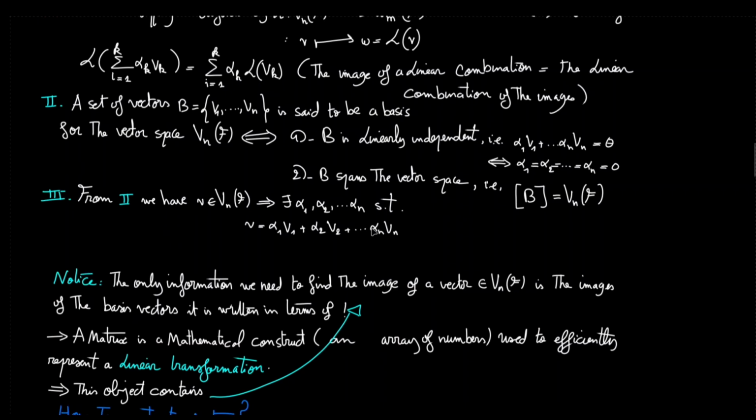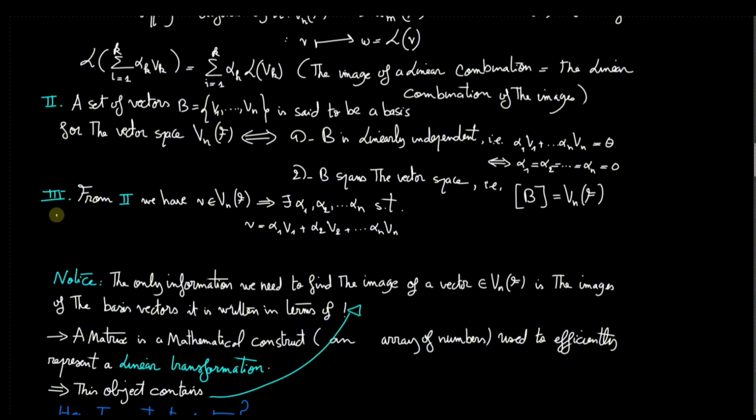The third one is basically an emphasis on what we've said here. Any vector in the vector space can be written as a linear combination of basis vectors. Now, from the first and second properties, we can actually make a very interesting deduction. Notice that, as we said, any vector can be written as a linear combination of the basis vectors.